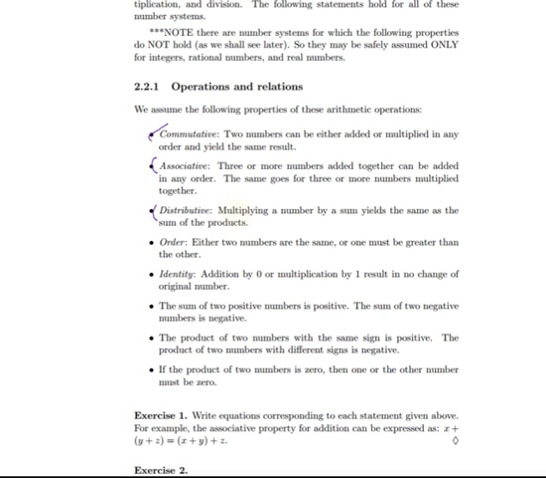And you should be able to write down examples of these three properties. For instance, associative, one example of the associative property for multiplication, say, would be (3 times 5) times 7 is equal to 3 times (5 times 7).